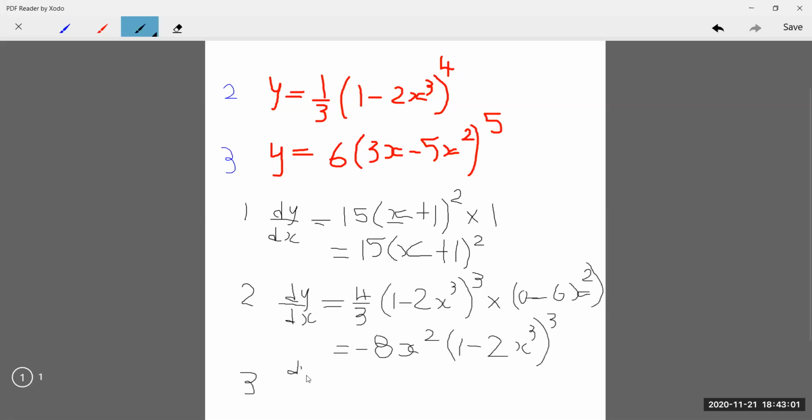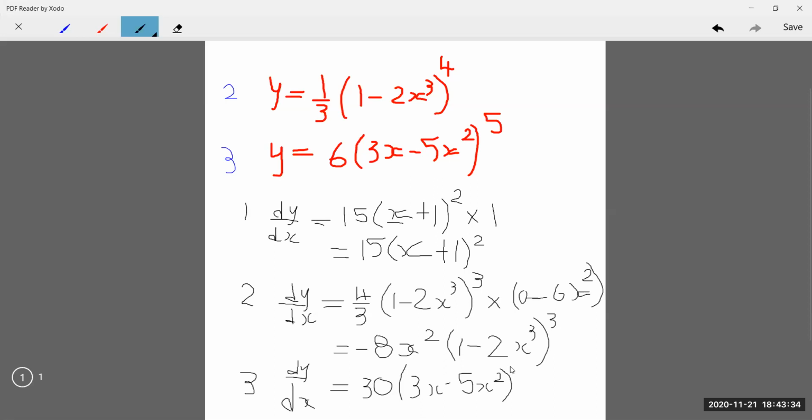What's dy by dx? 30 times (3x minus 5x squared) to the fourth power, times... 3, 30 (3x minus 5x squared). So raised to how much power?